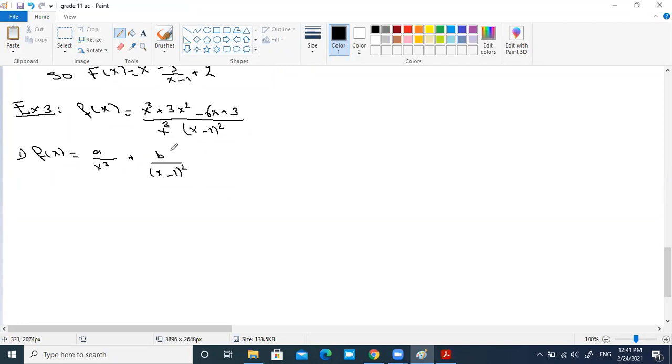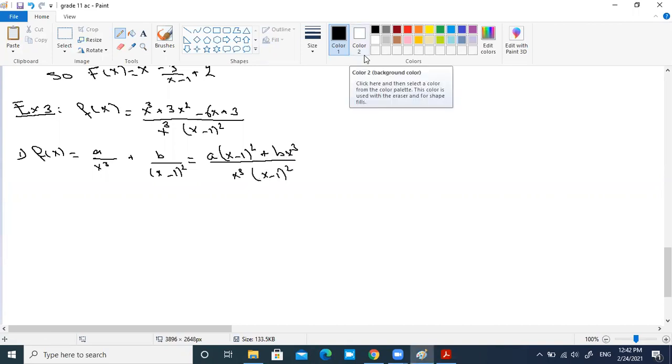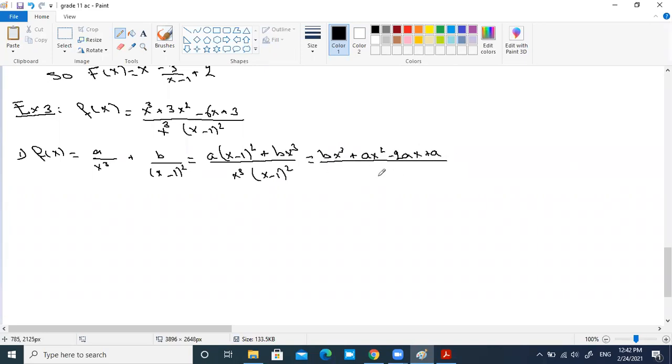As usual, take common denominator, so you'll get a times x minus 1 squared plus b x cubed over x power 3 into x minus 1 squared, which is equal to, expand and collect like terms. So b x power 3 plus a x squared minus 2a x plus a over x power 3 into x minus 1 squared.